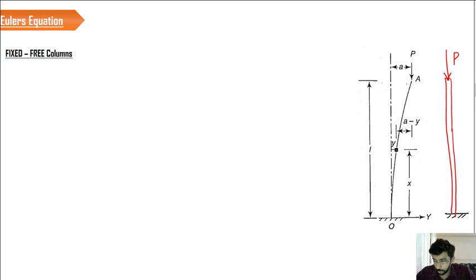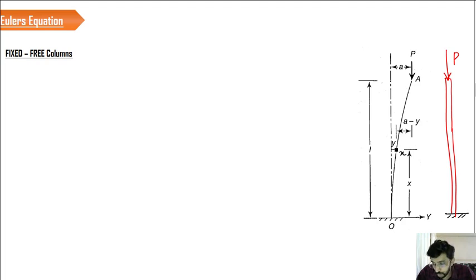Now I hope you all remember the procedure that we have followed for the derivation of Euler's equation. First we have to get an equation for the moment at this particular point x. If you look at this point x and at the load P, the distance between P and x is nothing but a minus y.